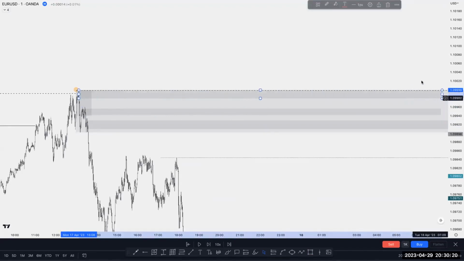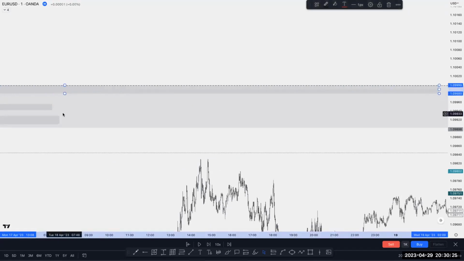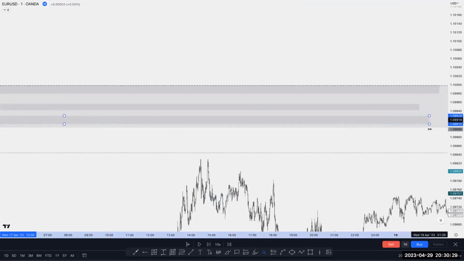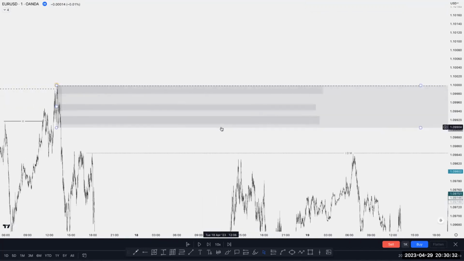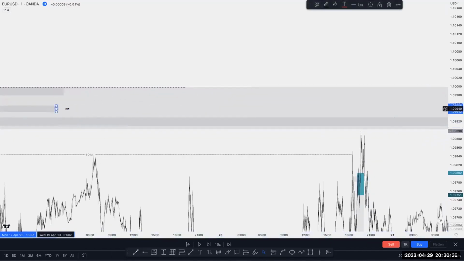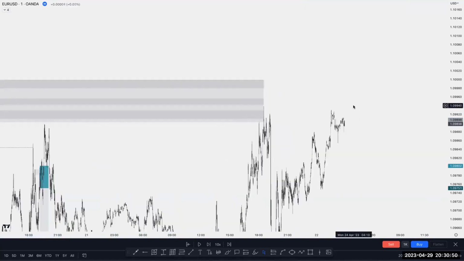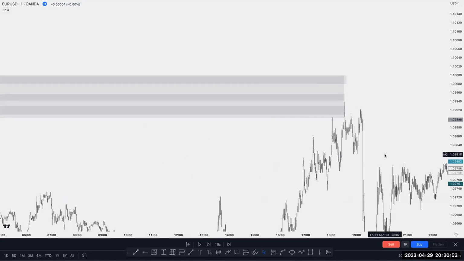If market does not respect any of these refinement order blocks and market creates a choch flip, it means those are traps.